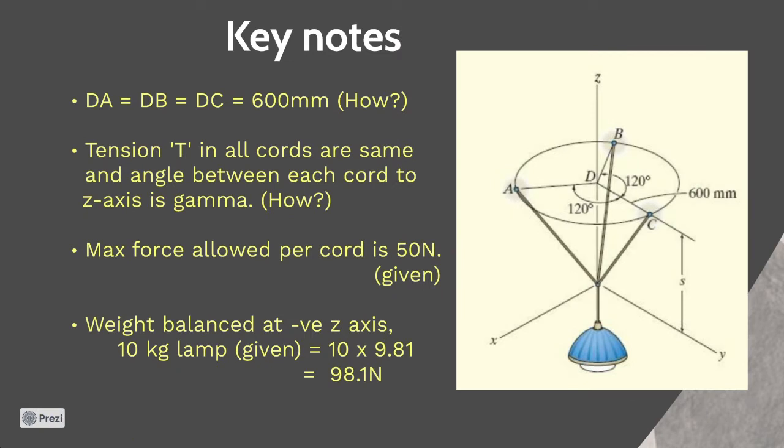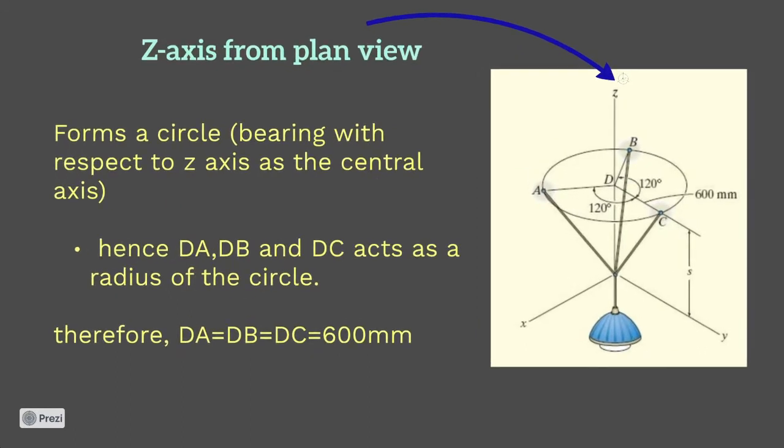Now, let us jot down the important details that are required to solve this question further. Firstly, note that dA is equal to dB is equal to dC, which is equal to 600 millimeter. Let us see how they are equal to each other. D is a point on the z-axis that is connected to the cord ends A, B and C respectively.